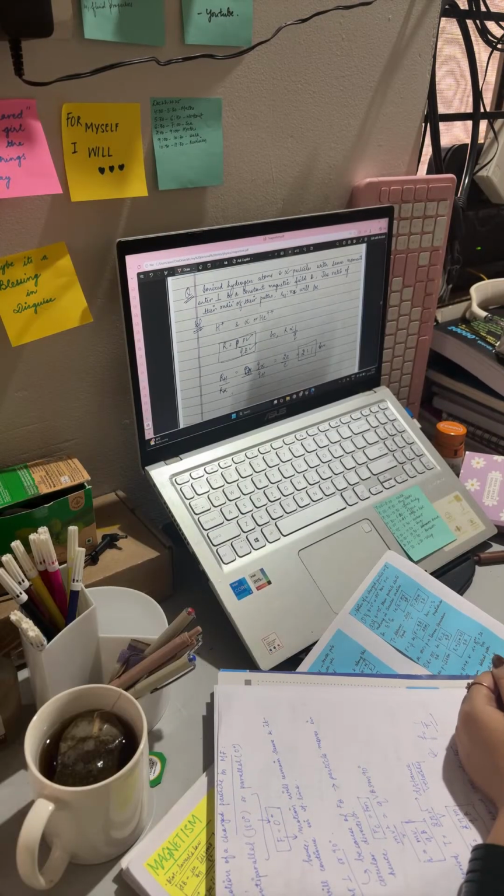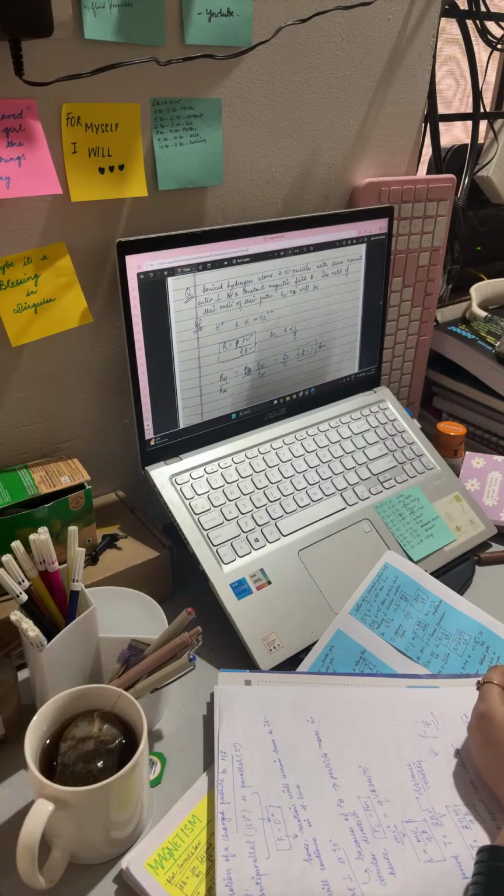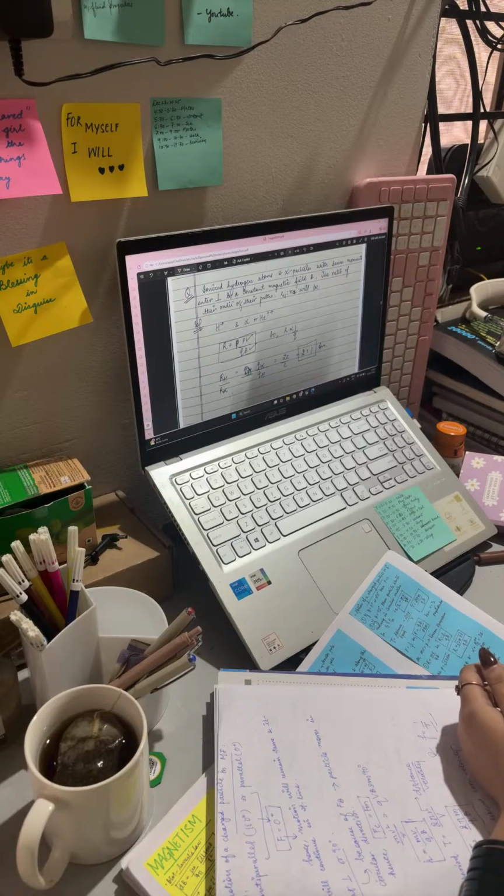The only parameter which will be changing is q. So r is inversely proportional to q. Charge on both will not be the same. Charge on hydrogen is 1 electron charge and charge on the alpha particle is 2 electron charge. So basically the ratio is 2:1.